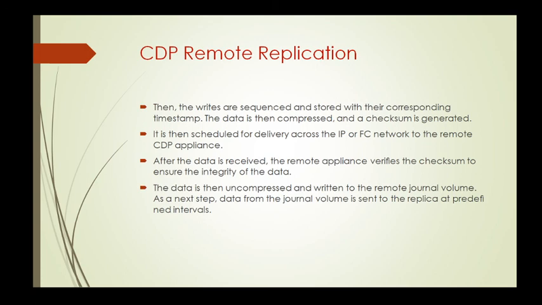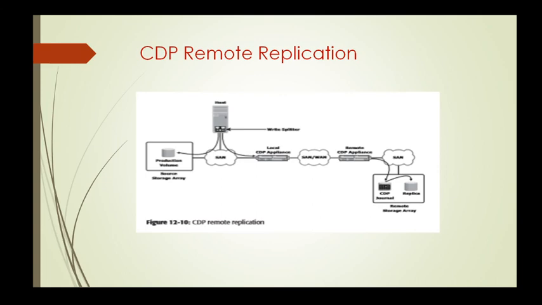In the figure, you can see we have the source storage array and the remote storage array. In the source storage array, we have a production volume which is connected to the local CDP appliance through storage area networks, and the host is also connected to storage through storage area networks. This local CDP appliance is connected to the remote CDP appliance with the help of a SAN or WAN.